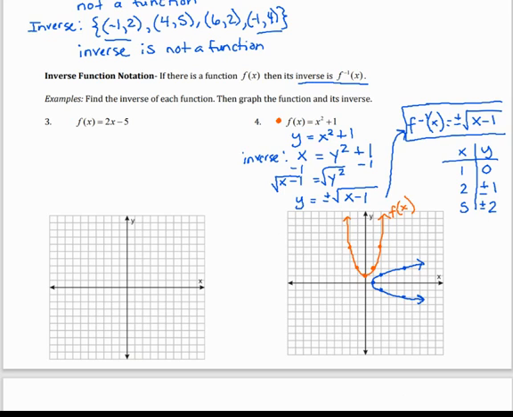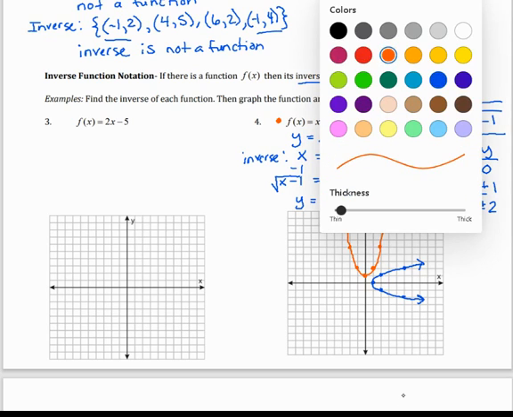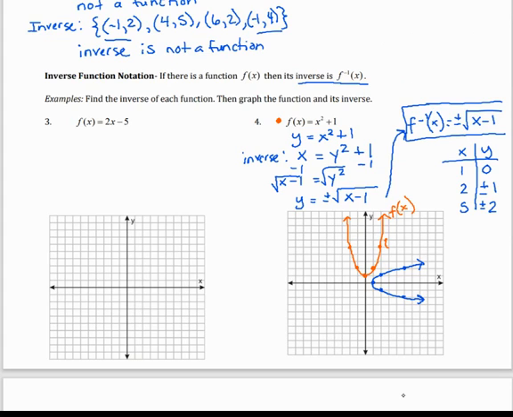Here's the other deal that you can do. Instead of having to make a table of values, what did we learn up above? We learned that if something is an inverse, the x and y values flip-flop. So if this ordered pair in orange was 2, 5, that means we should have the ordered pair 5, 2 in my inverse. And let's look. 5, 2, there it is.